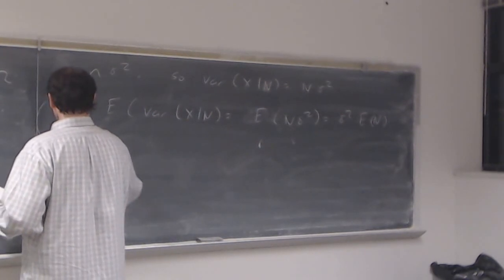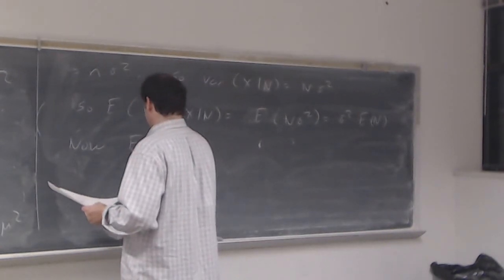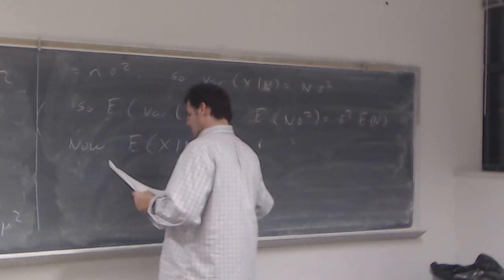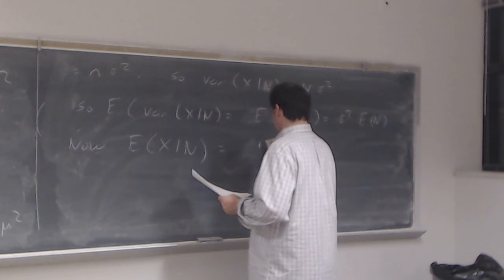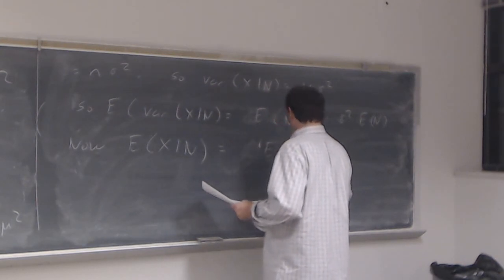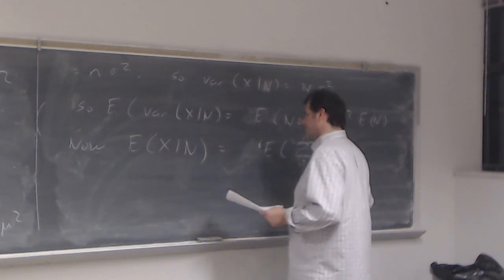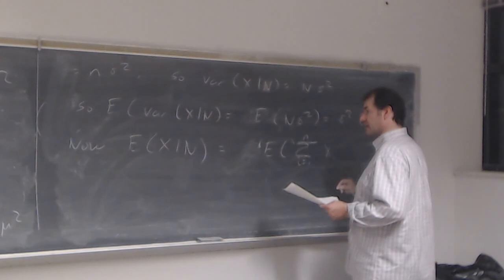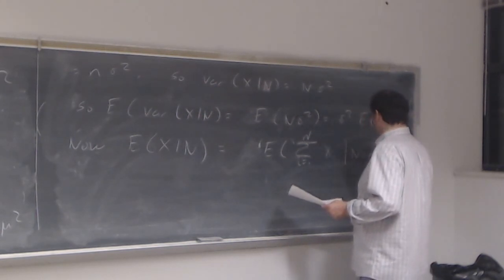Now, the other part is the variance of the conditional expected value. So let's look at the expected value of X given N, which is the expected value of the sum as i runs from 1 to N of X_i given big N equals little n.